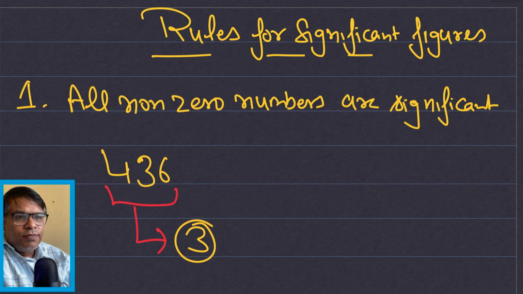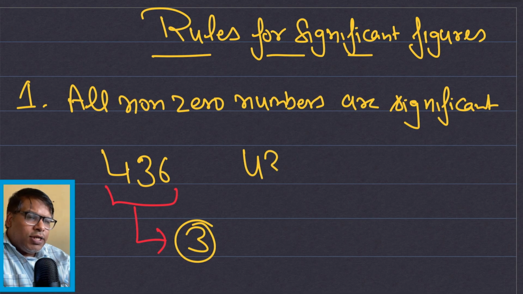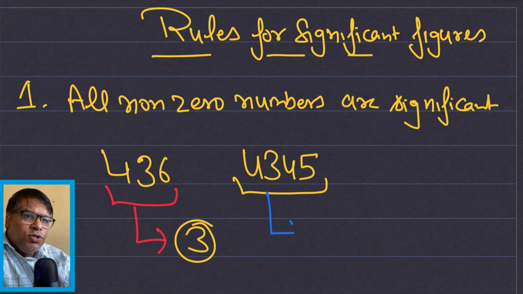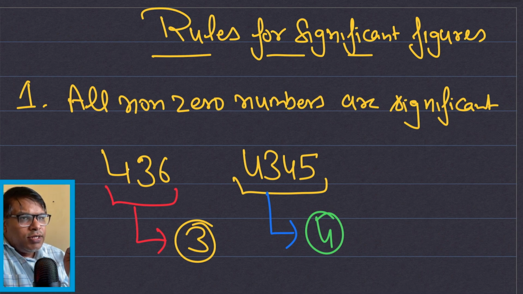Quite easy. Now let's suppose you have another number, 4345, and here you see 4 non-zero numbers. All these 4, 3, 4, 5 represent significant digits. So you are going to have 4 significant digits. Now you take another example, 123450.